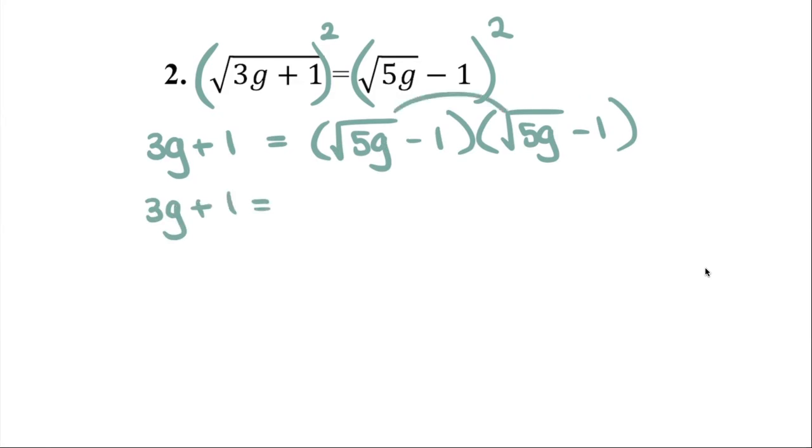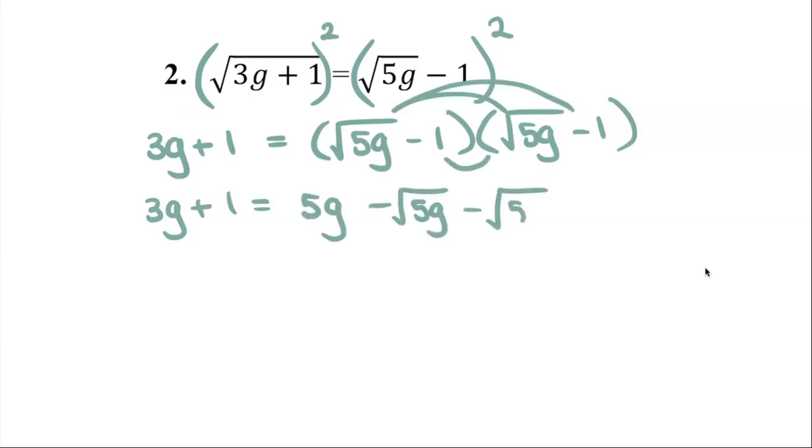So multiply rad 5g times rad 5g gets rid of the rad. So I'm left with just 5g. And then if I multiply the outside, I get negative rad 5g. Multiply the inside, I get another negative rad 5g.